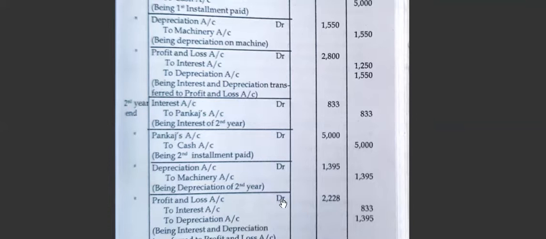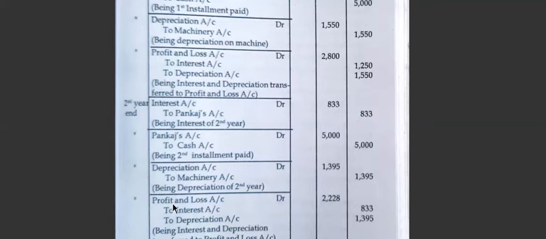You know the diminishing balance method, you have already studied it in the first semester. On the written down value it is calculated. So how did this amount come? 15,500 minus 1,550, the depreciation of the last year, you will get 13,950 into 10%, you will get 1,395.